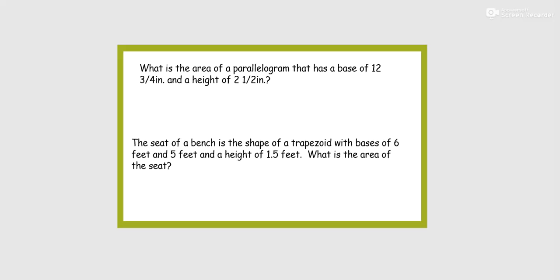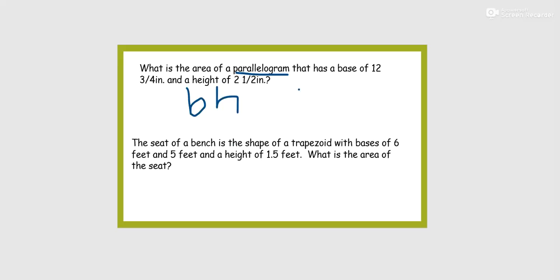So let's look at a couple word problems. Our word problem is saying, what is the area of a parallelogram? So our key word there is parallelogram. That has a base of 12 3/4 of an inch and a height of 2 1/2 inches. So if we were to write this out, we know that the area is base times height.